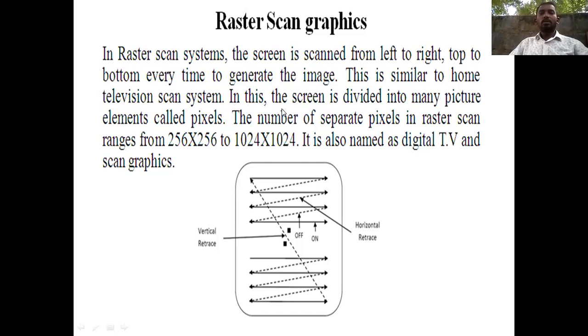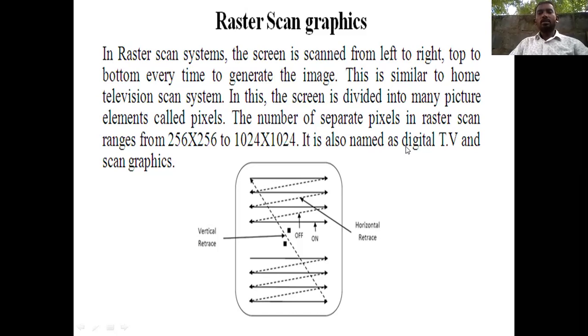In these systems, the screen is divided into many picture elements called pixels. The number of separate pixels in a raster scan ranges from 256 by 256 to 1024 by 1024.